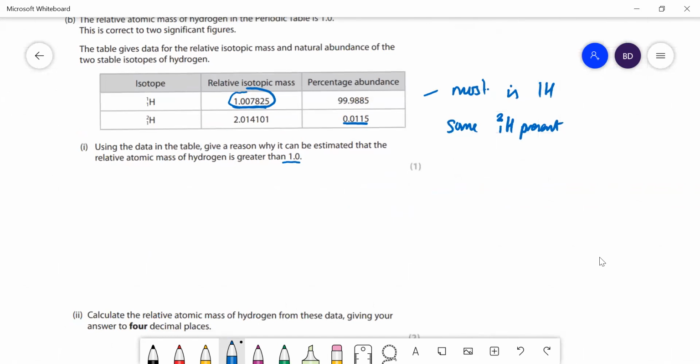Calculate the relative atomic mass of hydrogen from these data, giving your answer to 4 decimal places. So what we're going to say is Ar is equal to the abundance of the isotope, and let's put that as a decimal rather than a percentage, multiplied by the mass.